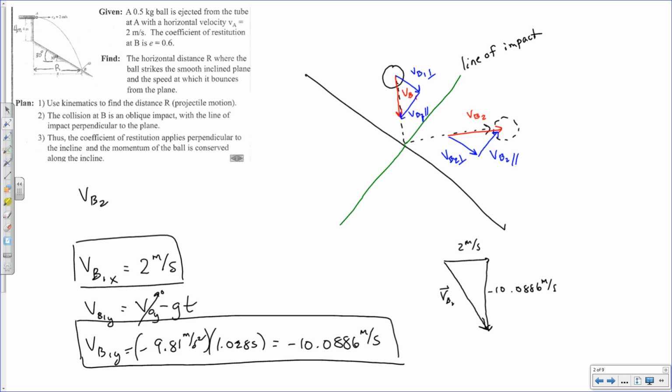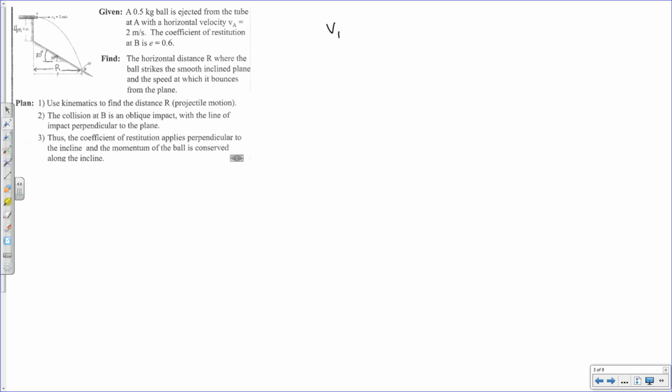Okay? So, first off, we need to determine the magnitude of VB1. Okay, what's the magnitude of VB1? It's going to be the square root of the sum of the squares. So VB1 has a magnitude of square root of 2 squared plus 10.0886 squared.